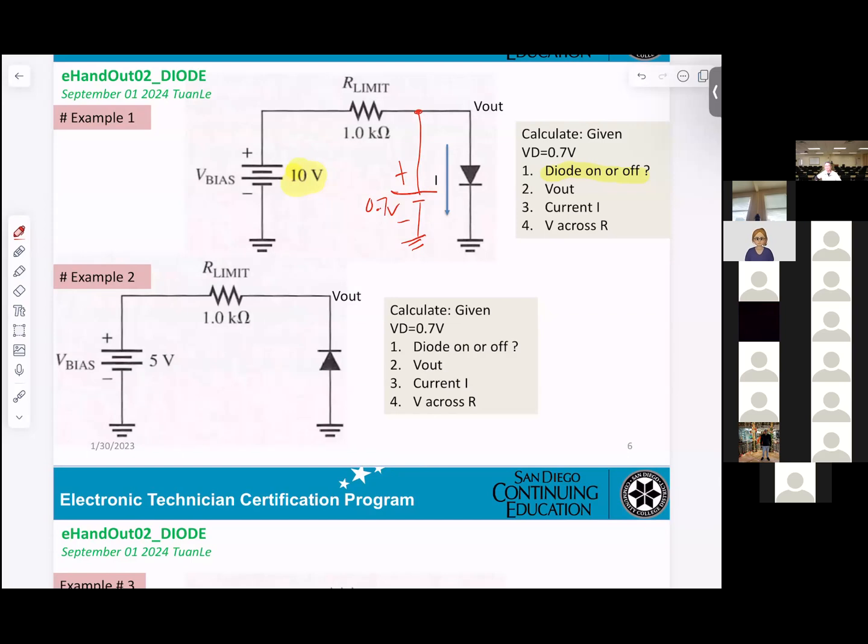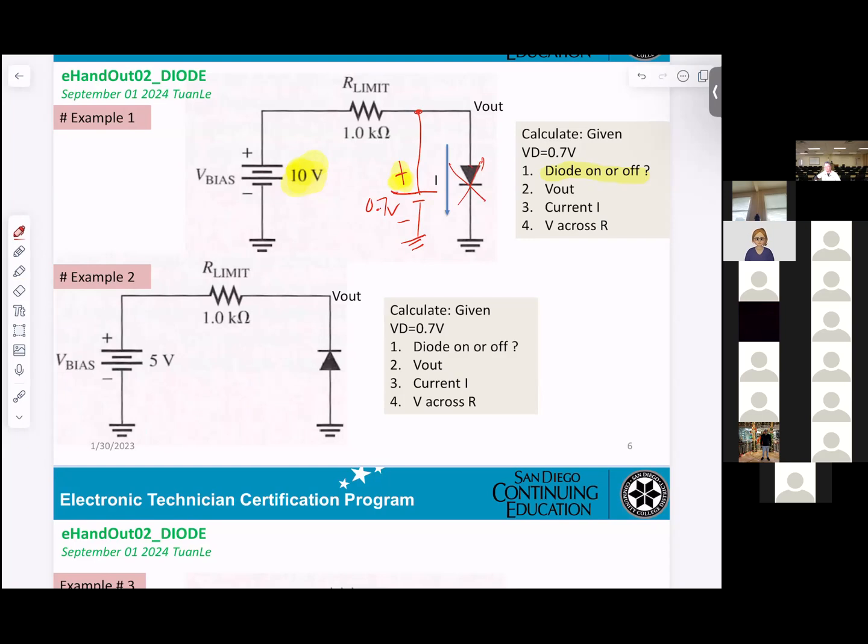You must substitute the diode by the battery, value 0.7 volt, deciding which side is positive and which side is negative. You get 10 volt here, higher than 0.7, so the diode will be on. And when it's on, you substitute the diode by the battery. Exactly like that one. We don't care about the diode anymore.